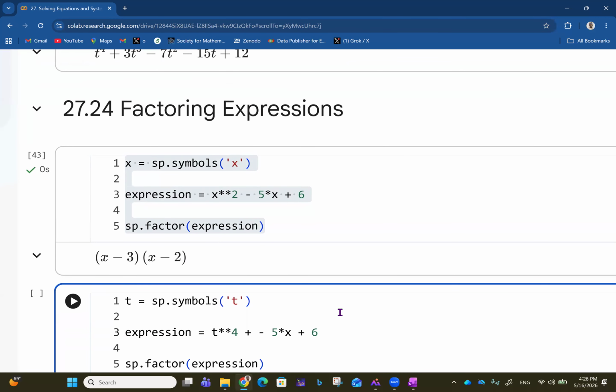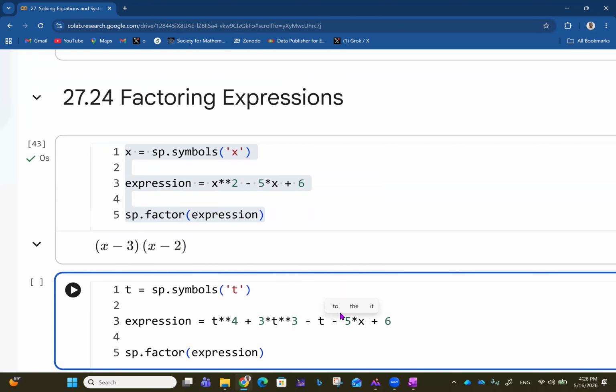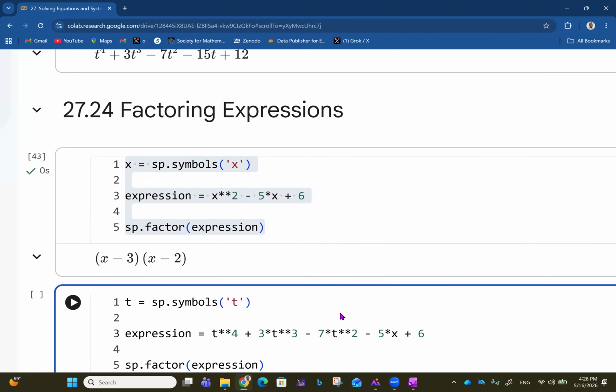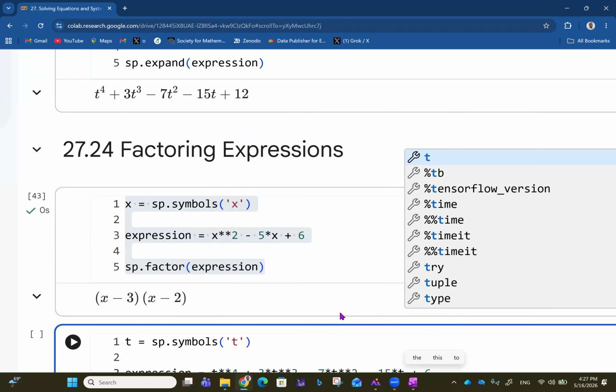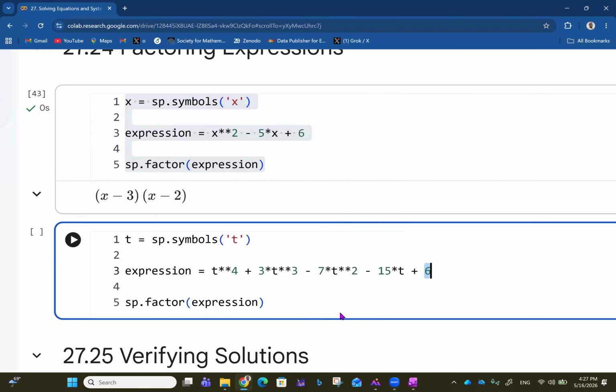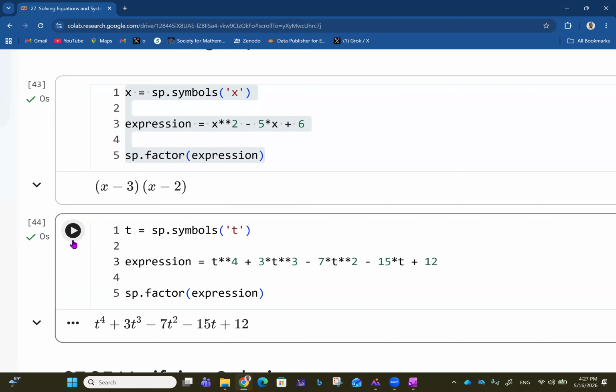Then we have minus 7 star t raised to power 2. Then we have minus 15t. Then lastly, plus 12. Let's factor and see if it gets us all that.